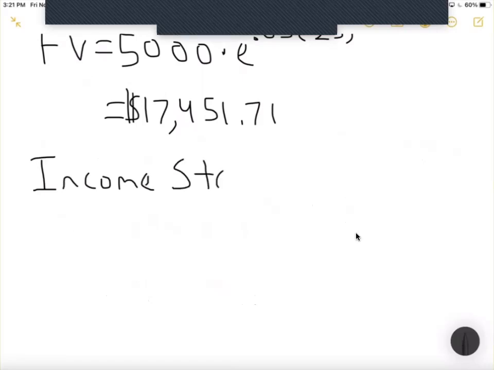Since we're using a stream, we're going to use the letter S to represent income stream. An income stream is kind of like an initial investment, but we don't just make it one time. We make it continuously every single year. For example, instead of investing $5,000 at the beginning, we may be investing $5,000 every single year and accruing interest that way.